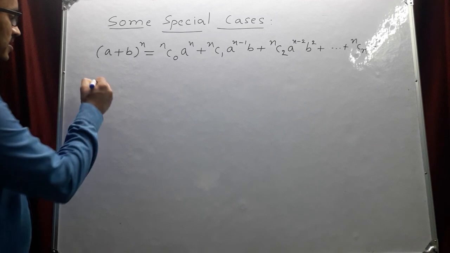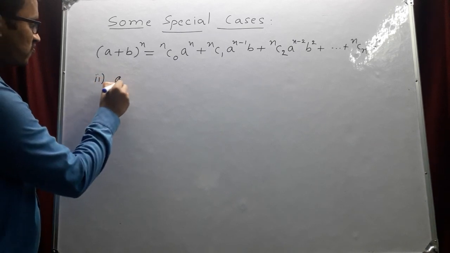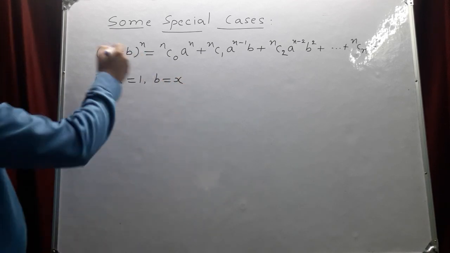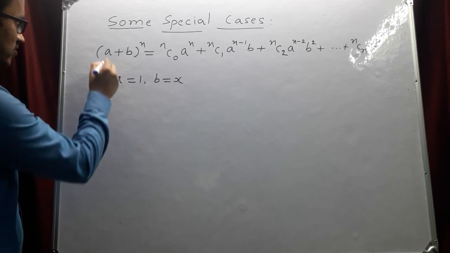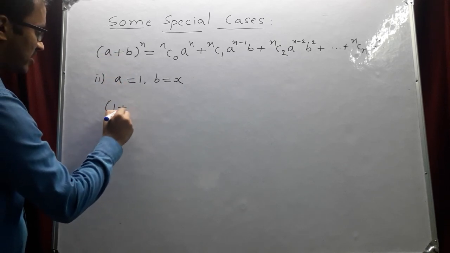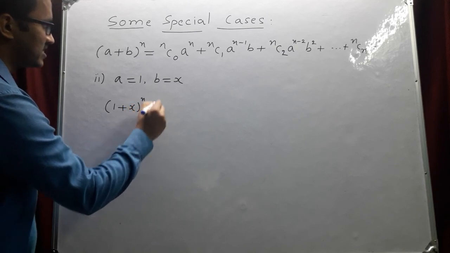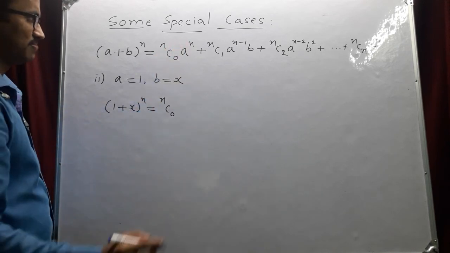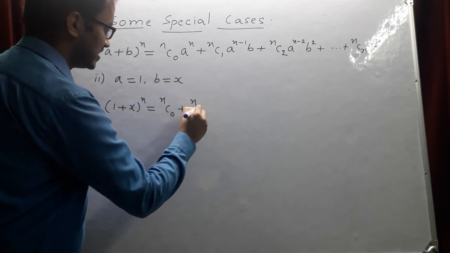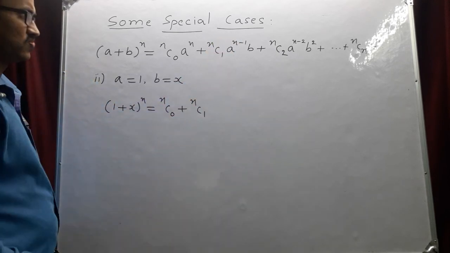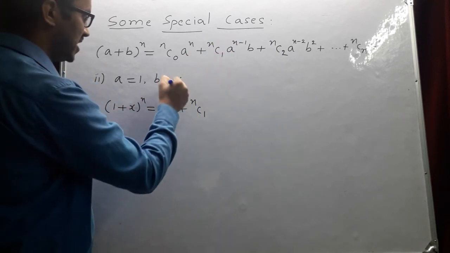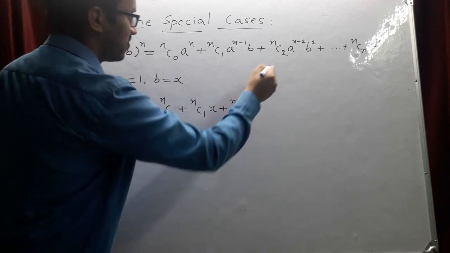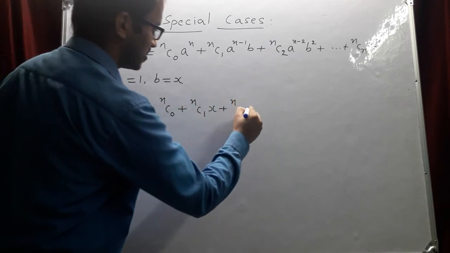Second one, suppose we take a is equal to 1 and b is equal to x. Here the LHS becomes (1 plus x) power n, and the RHS will be nC0 1 power n, that is 1, plus nC1 1 power n minus 1, which is also 1, times b, which is x, plus nC2 1 power n minus 2, that is 1, times b square.